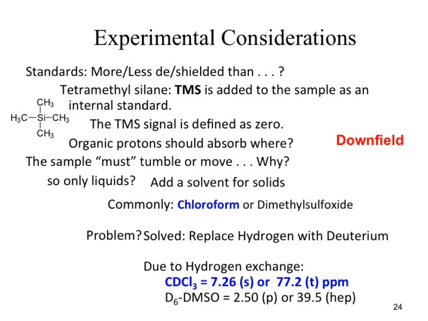Okay? Chloroform in HNMR shows up at 7.26 as a clean singlet because there are no neighbors. In carbon NMR, it shows up as a triplet at 77.2. Again, depending on the spectra that you're looking at, if it's completely synthetic, you won't see those peaks. If it is a real spectrum, you will see those peaks show up. Chloroform happens to be the most common.